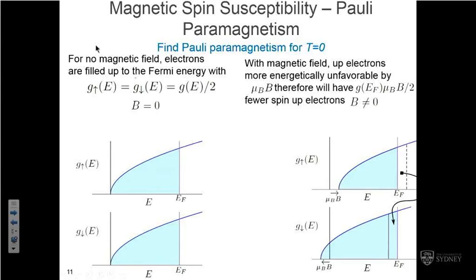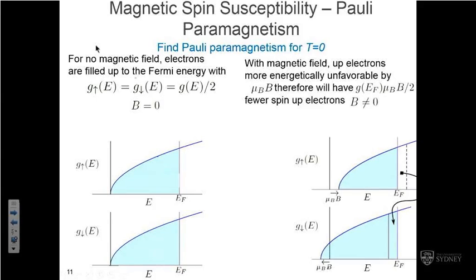And it says here there will be G at the Fermi level mu B B over 2 fewer spins. How did we get that? This is the number of electrons that flip, and it's just approximated by this rectangle here.